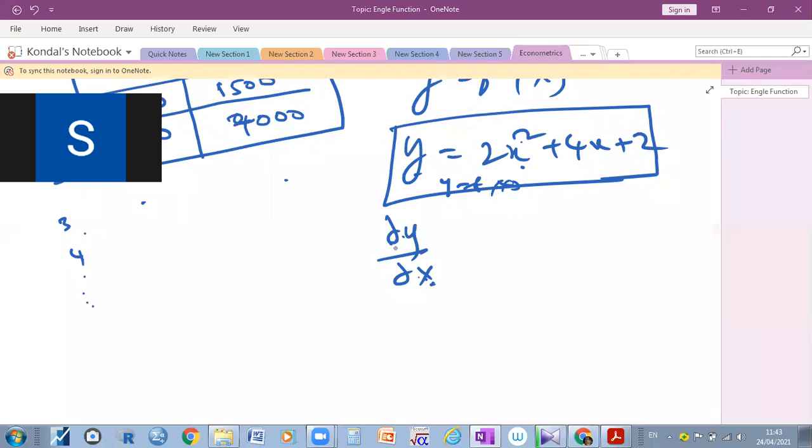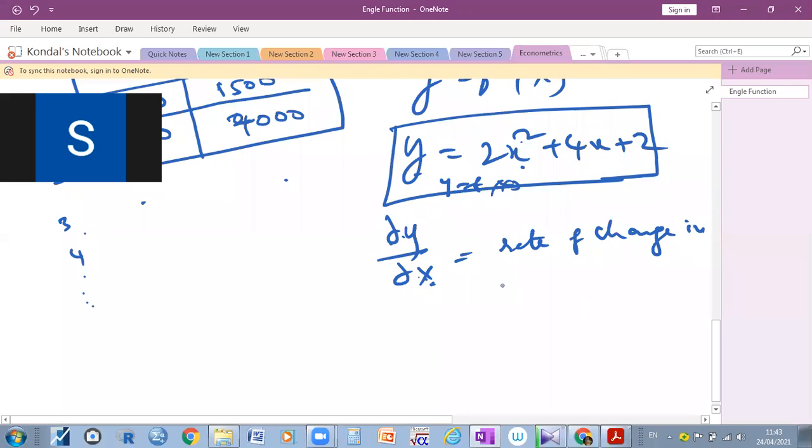So here, dou y by dou x. What does it mean? The rate of change in y. Y is the total expenditure, due to changes in x.